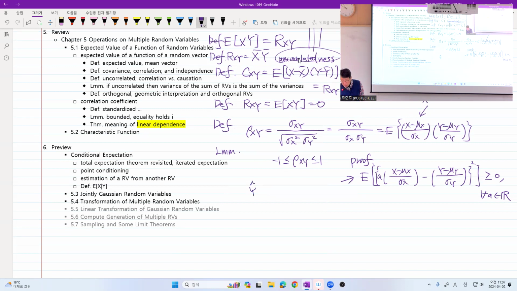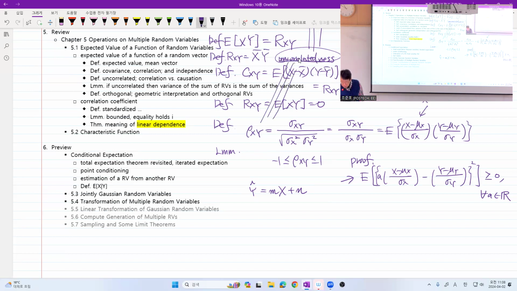Actually, we want to approximate Y using a new random variable, Y hat, that is an affine function of X. Suppose we want to approximate Y by using X when X and Y are correlated, which means the correlation coefficient is not 0.